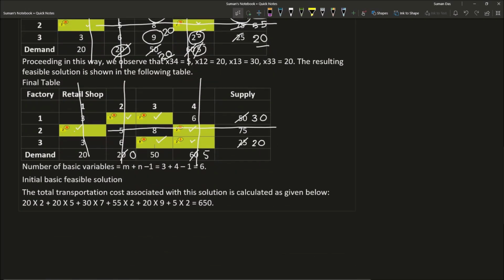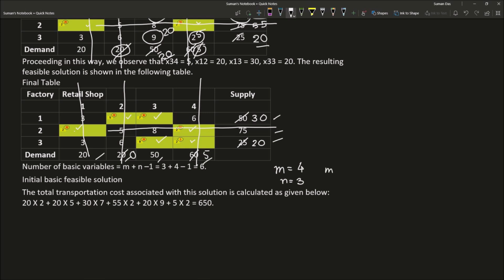Another important thing is that we have to check the total number of cells. Here M is equal to 4 and N is equal to 3: 1, 2, 3, and M: 1, 2, 3, 4.